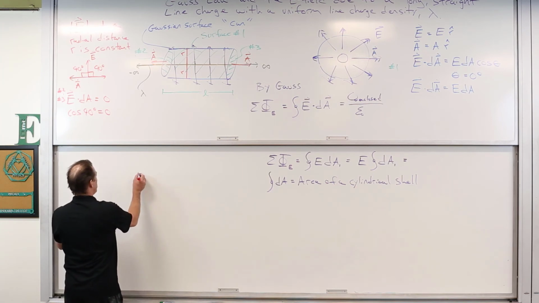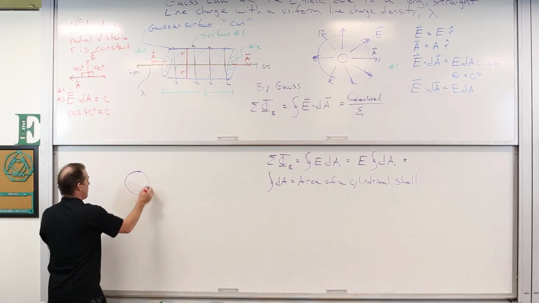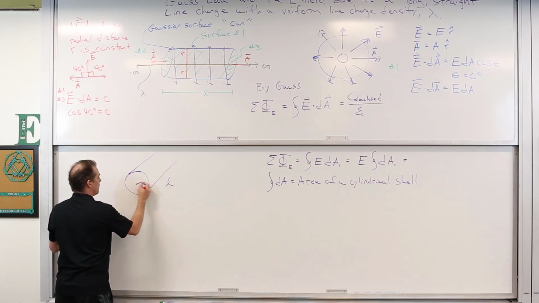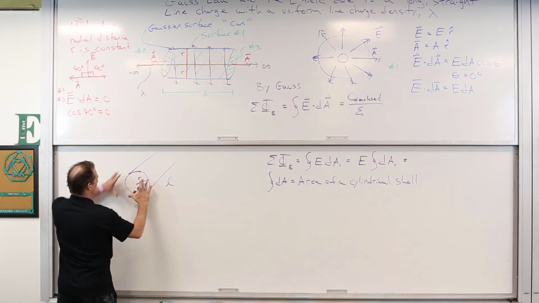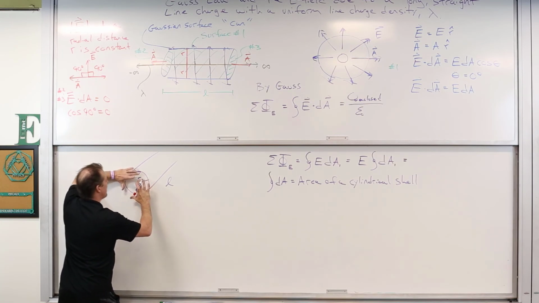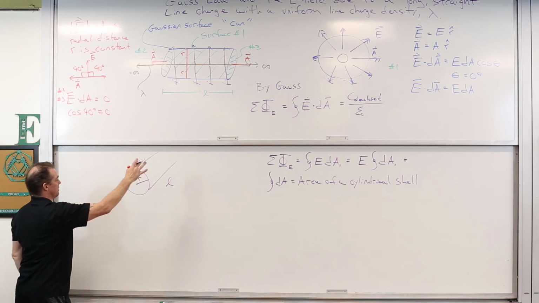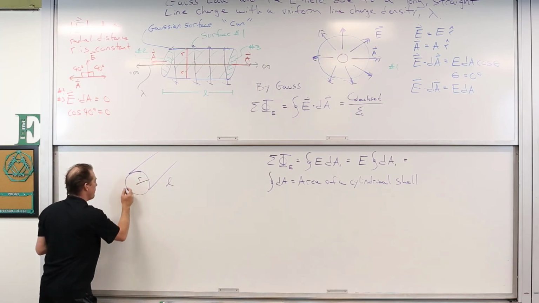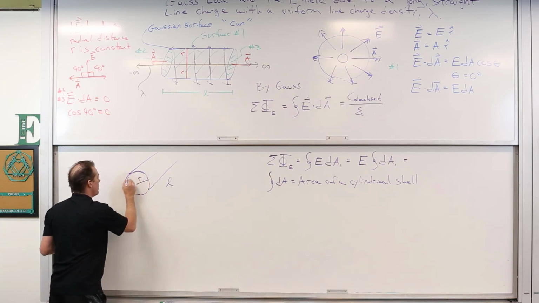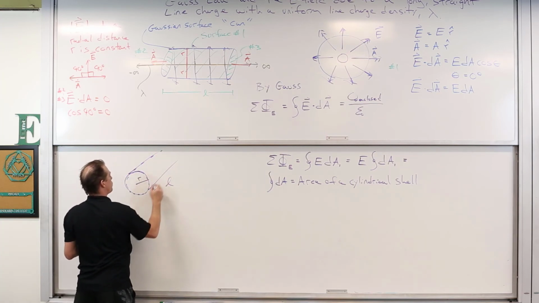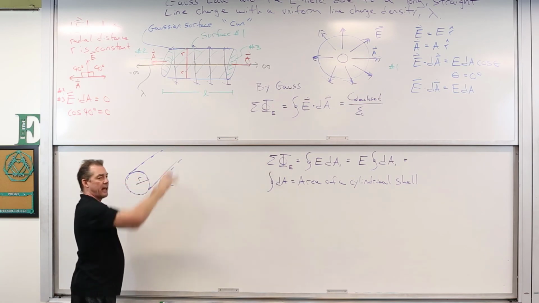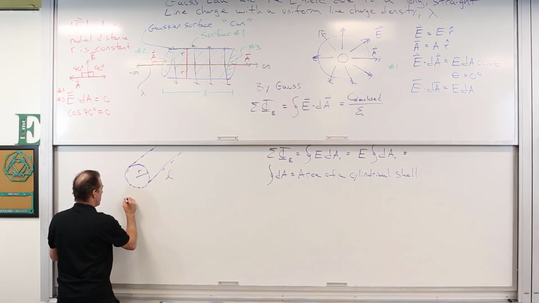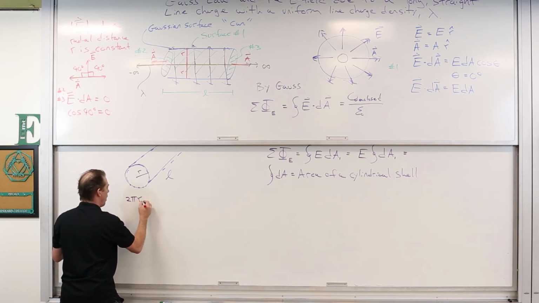This circular cross section right here, and then it extends out some length L. Well, we want the circumference of the circle, right? The circumference here, projected out, gives us the total area. So we've got 2 pi r times L.